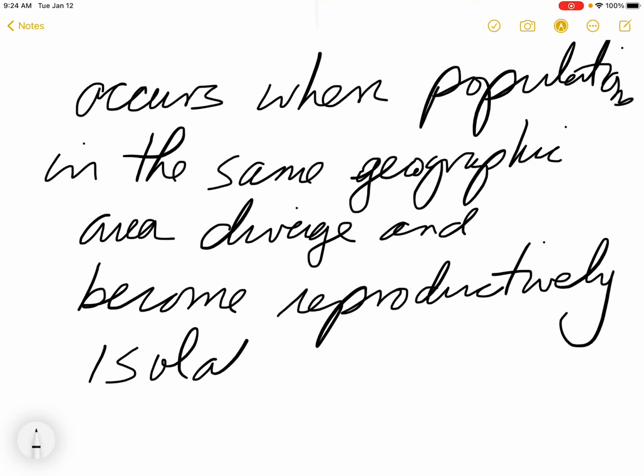Now, reproductively isolated means that for some reason the individuals are unable to mate or reproduce with each other.